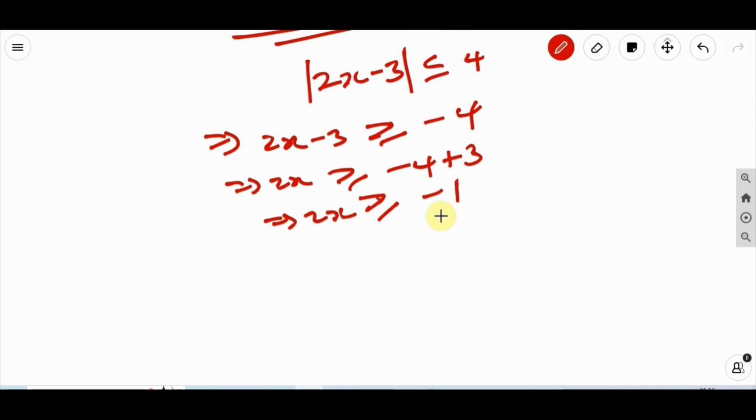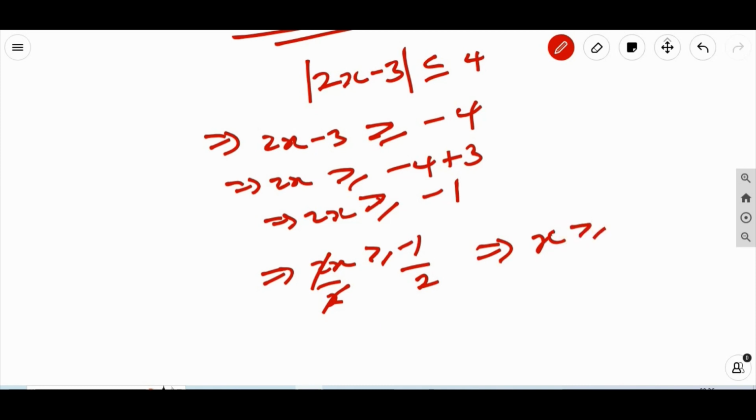So this is going to be 2x is greater than or equal to minus 1, divided across by 2. Remember 2 is positive, so the sign is not going to change. So I'll have x is greater than or equal to minus 0.5. Remember that minus 1 over 2 is minus 0.5.